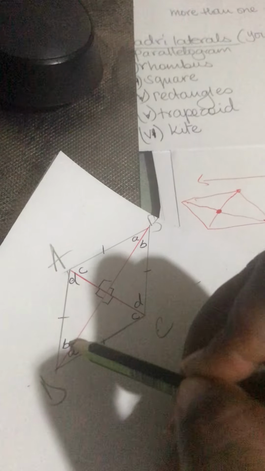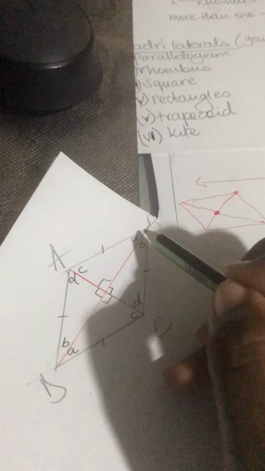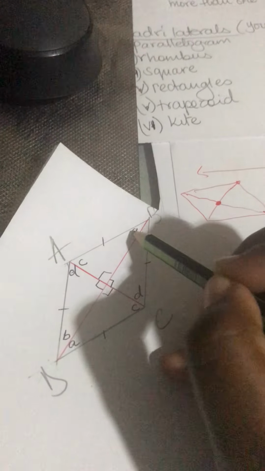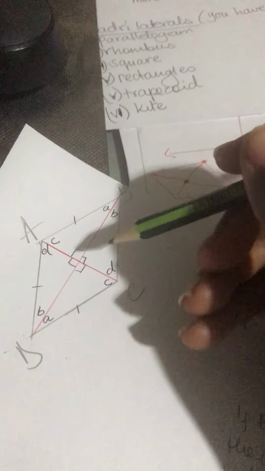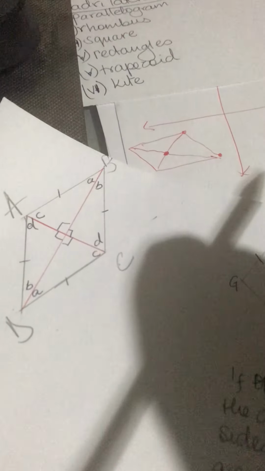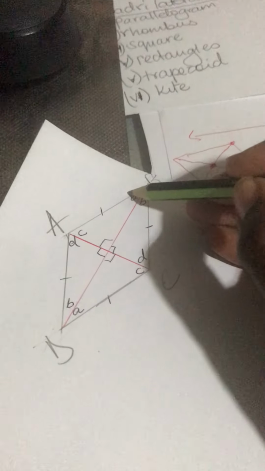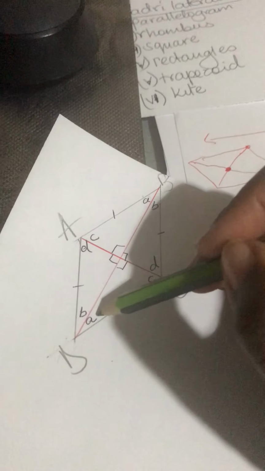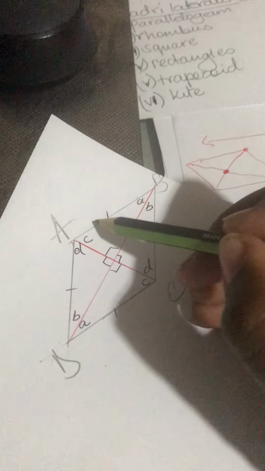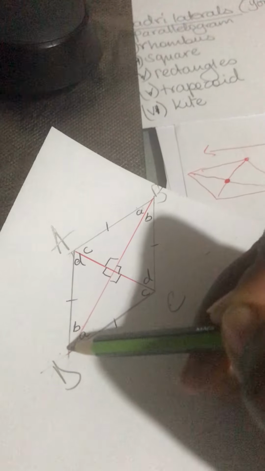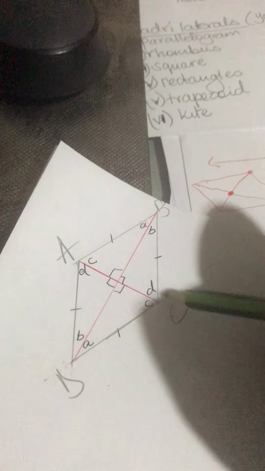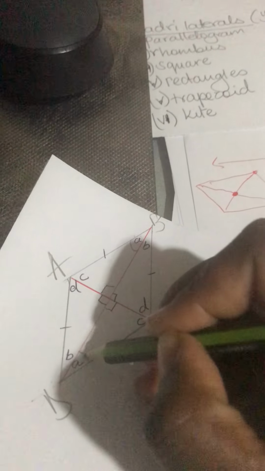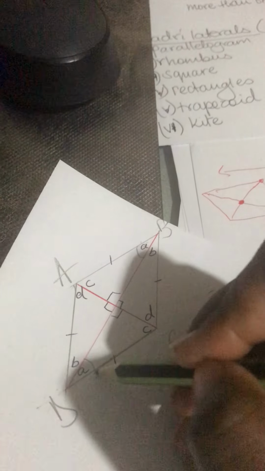So A and A are alternate interior angles. And alternate interior angles, from lesson 1 in chapter 5 in term 2, must be congruent. And remember, this is Z. See, this makes a Z. A, B, D, C makes a Z. So this angle in the Z and this angle in the Z are congruent.